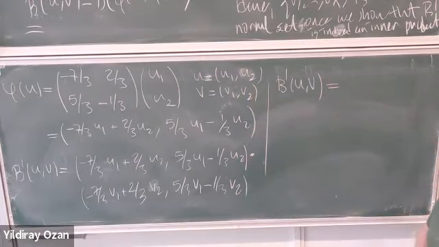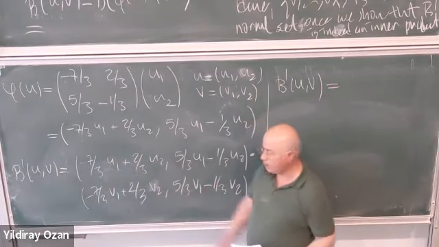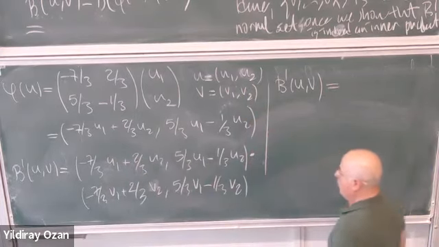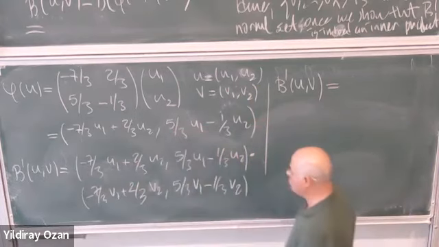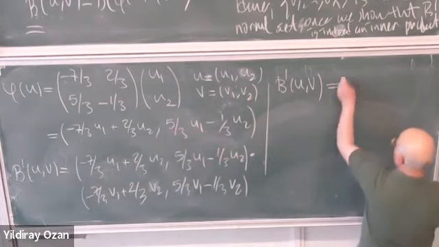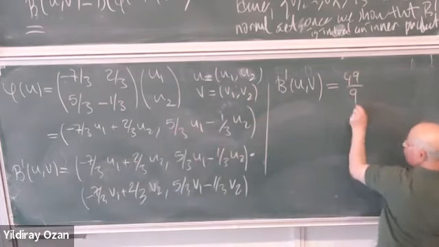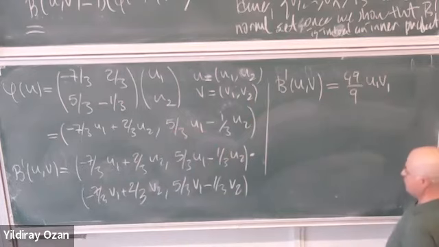Çarparsak bu standart inner product. Standart inner product olduğuna göre bunları da oradan çarpıyorum. Çarparsak ne eder burası? 49 bölü 9 U1 V1 değil mi?